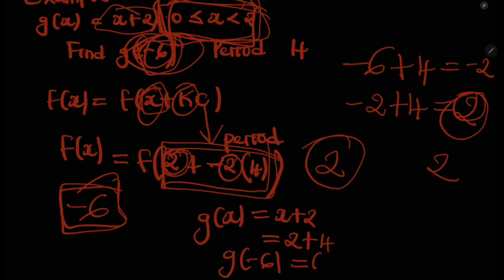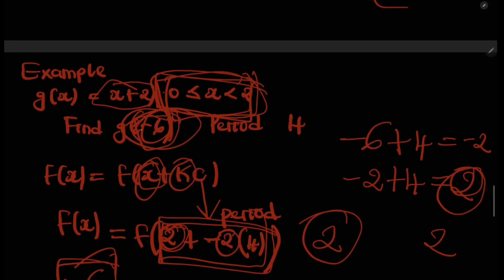This is 4. So finally, that gives us 4. So our g of minus 6 is 4.